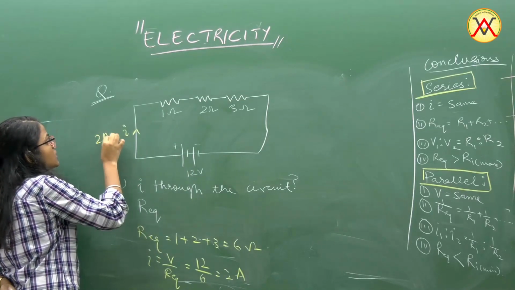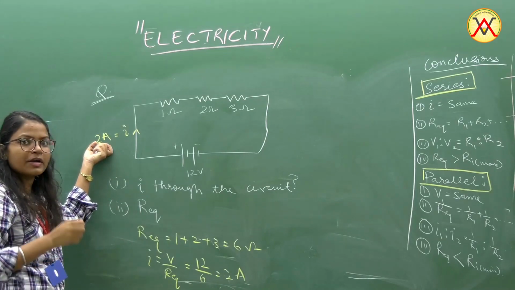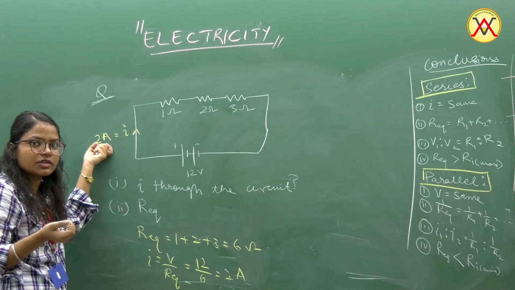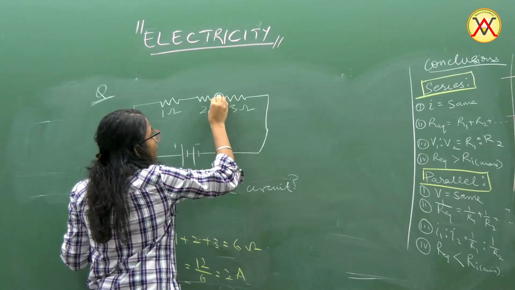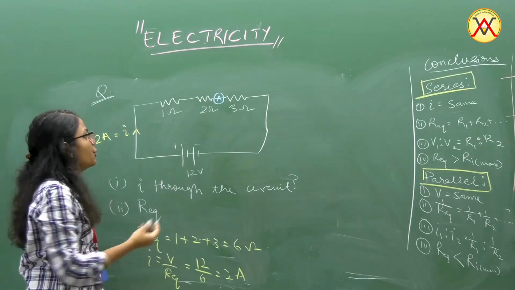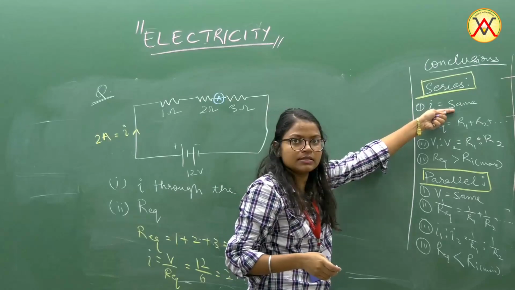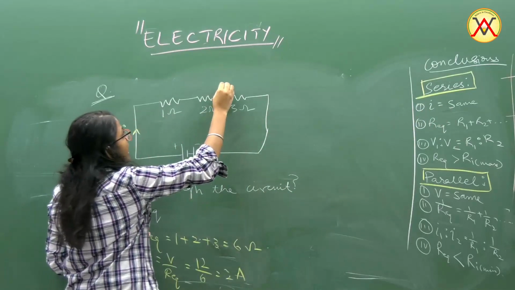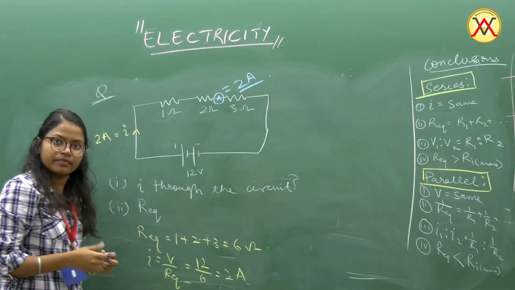Now since current equals 2 amperes, if there happens to be a question where they ask what would be the current through this ammeter between 2 ohm and 3 ohm, then definitely, since this is a series combination, our current remains same. So current through this ammeter will again be 2 amperes.